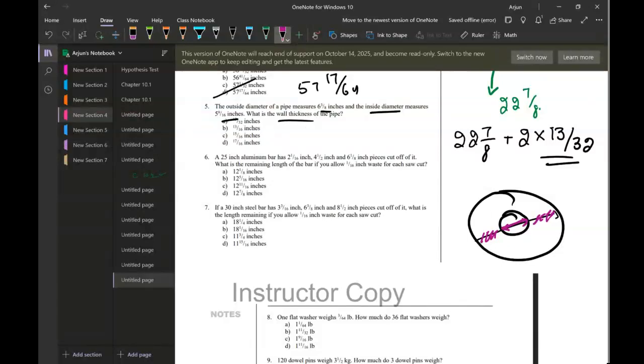So in this question, you do 6 3/8 minus 5 9/16. That's going to give you 13/16, and then this number divided by 2 will give you 13/32. So 13 over 32 is your final answer.